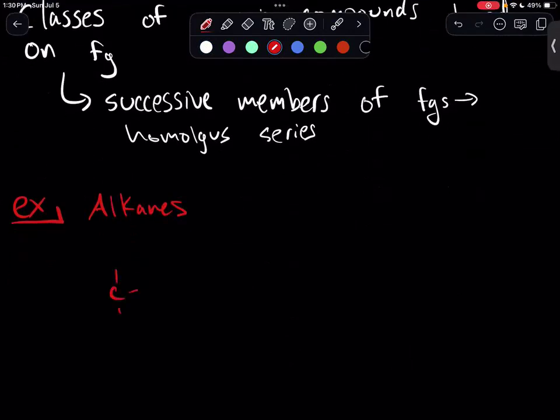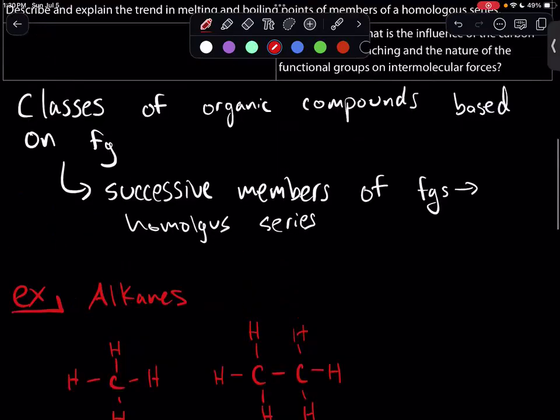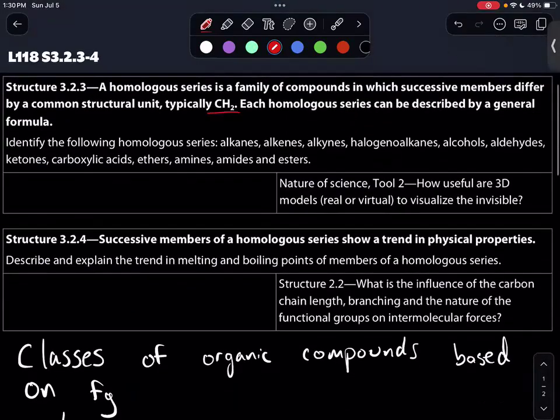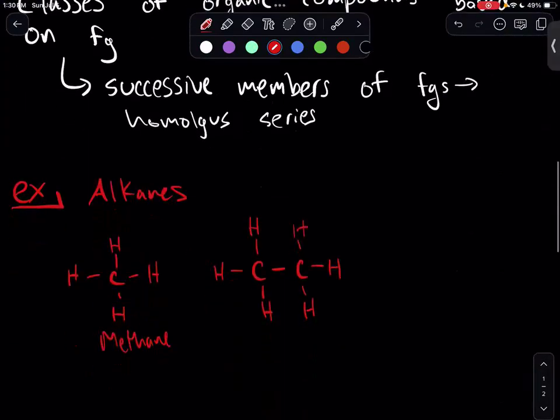We have the single carbon alkane. This is methane. We have the following double carbon alkane. You'll notice it does in fact change by one carbon and two hydrogens, like was predicted up here. And this is ethane.